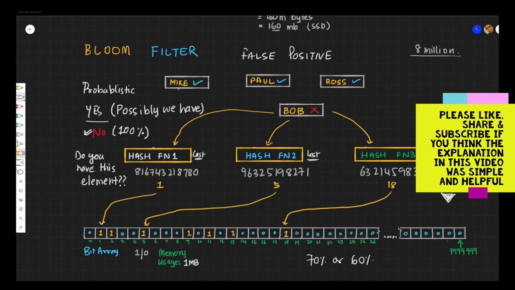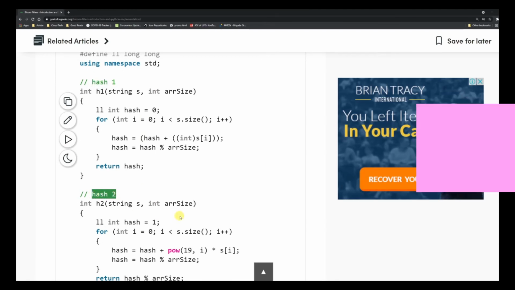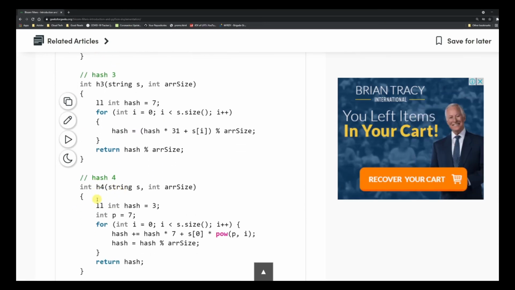I will leave a couple of links in the description below, wherein you can see implementations of a bloom filter. There are a lot of them on the web. Here they have created some mini hash functions of their own: hash1, hash2, hash3, and hash4. They have 4 functions.